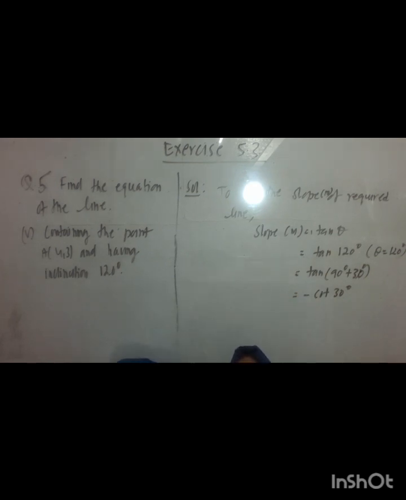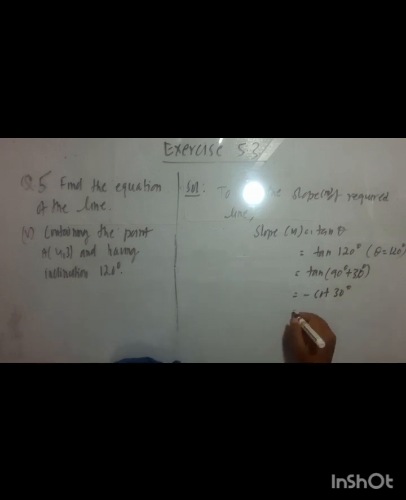You will learn this trick in trigonometry in the allied angle concept. I have split 120 into 90 plus 30 degrees, and tan(90 plus 30) will be minus cot 30.